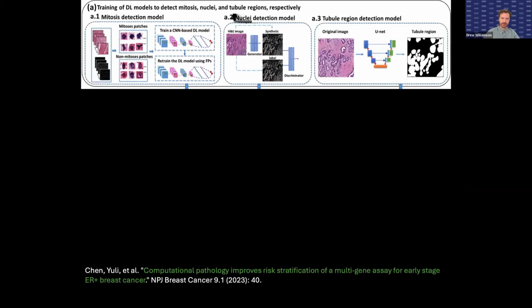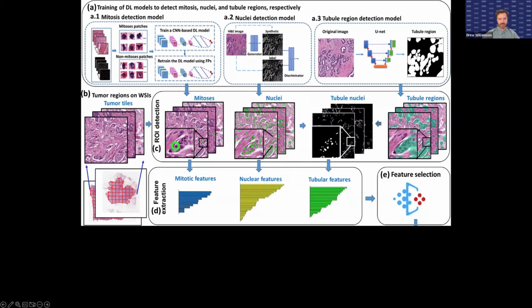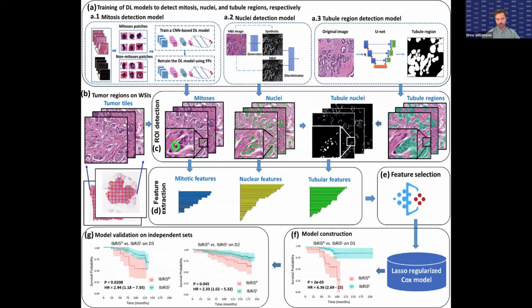And then another kind of prototypical work, just as an example of what you can do with human interpretable features, is this one from Anant Madabhushi's group, where they train a deep learning model to find some predefined features, in this case mitoses, and the nuclei and tubules, and then show that once you aggregate those features together, you can do some feature selection and then show that these human interpretable features are actually prognostic, have some prognostic significance.